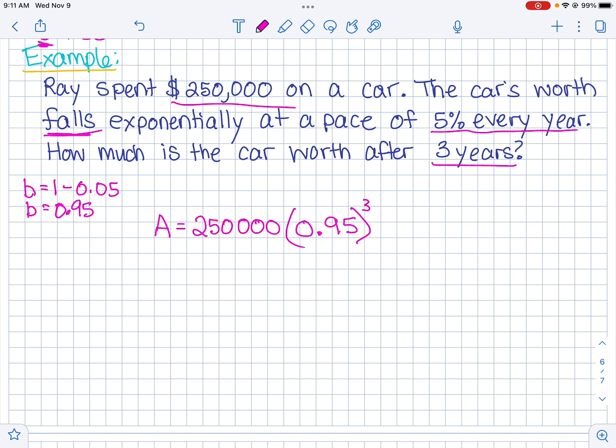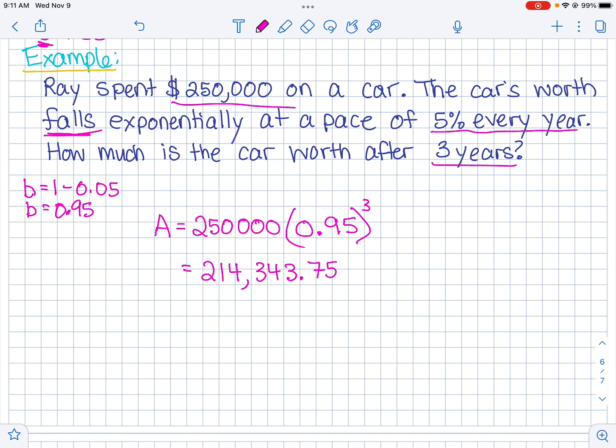Okay, so 0.95 to the power of 3 times 250,000 equals $214,343.75. So after 3 years, that's how much your car is going to be worth. I think it probably decays a lot faster than that.